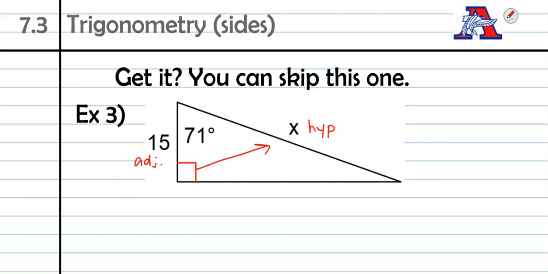Okay, so which of the 3 trig ratios is A and H? That would be cosine. I'm going to write that down, so CAH, that's the one we need, A over H. Okay, so cosine of 71 degrees equals adjacent over hypotenuse, 15 over x.